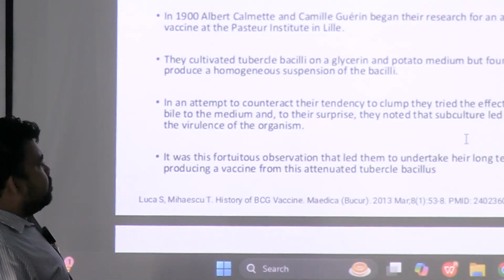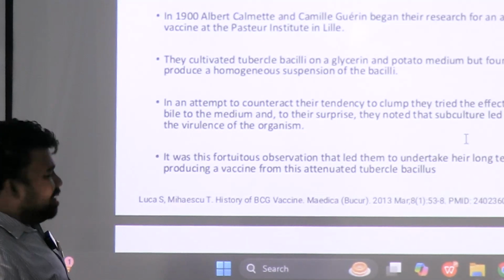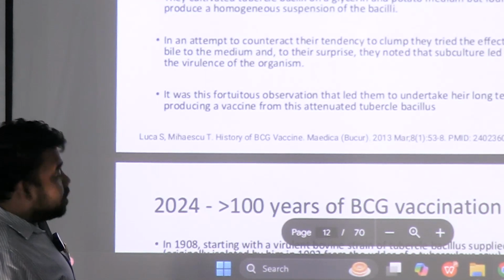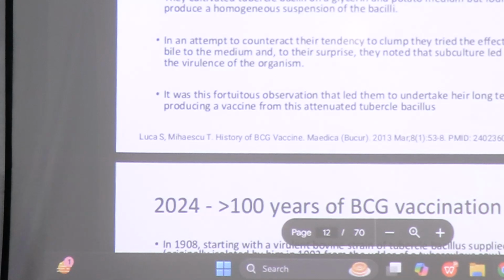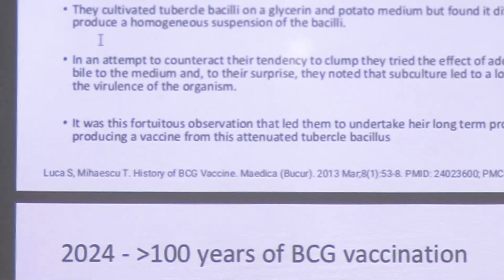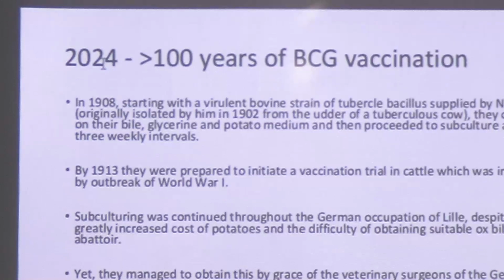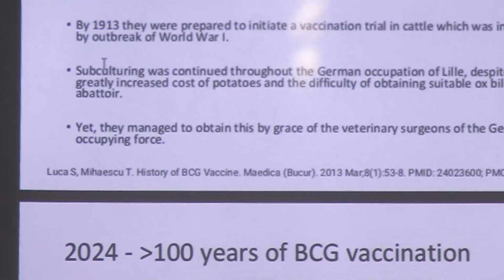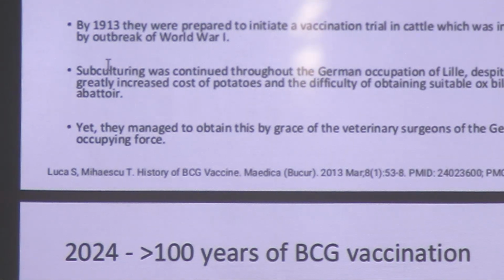Now over the 100 years of the development of the BCG vaccination, initially the tubercular bacilli were cultured on glycerol and potato medium. Thereafter, in 1902, the tuberculous bacilli of the cow causing bovine tuberculosis was isolated and it was neutralized by serial passages.